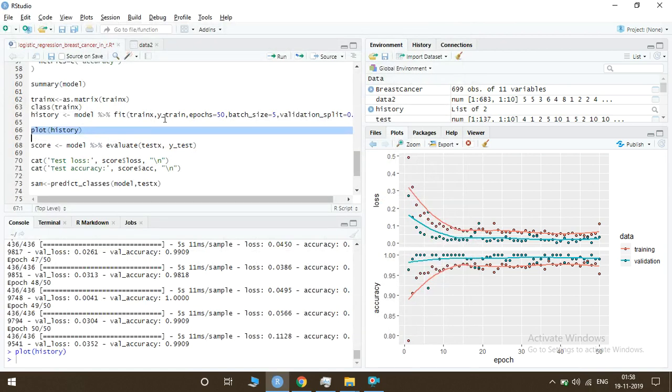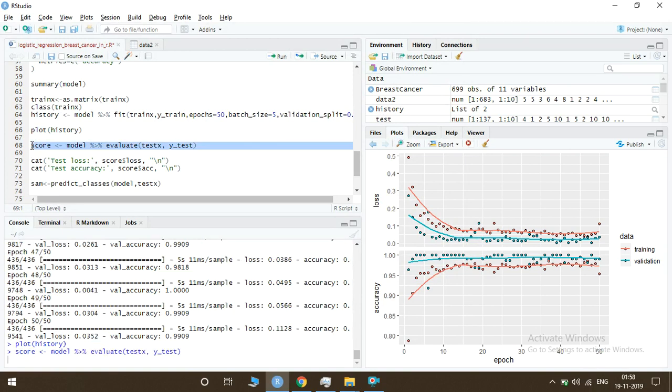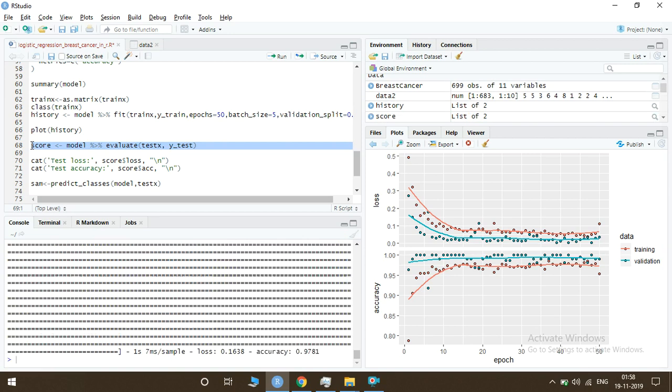To check the score, we would use the evaluate command, which is from the Keras package. We would give the input as test x, and to validate it, we would use test y, since we have converted the test labels as well with the help of one hot encoding.